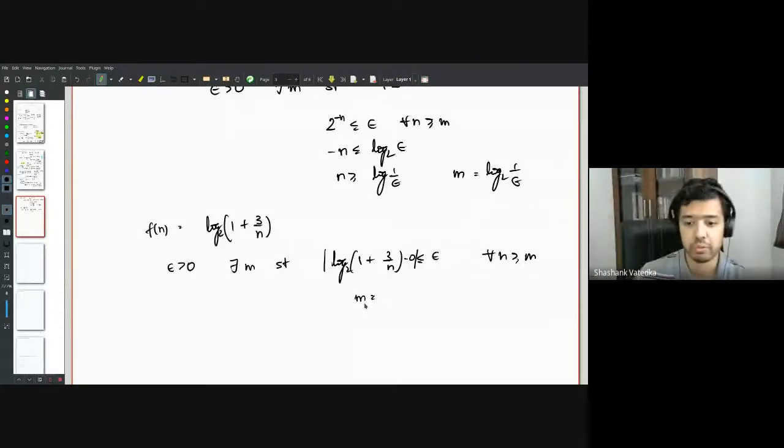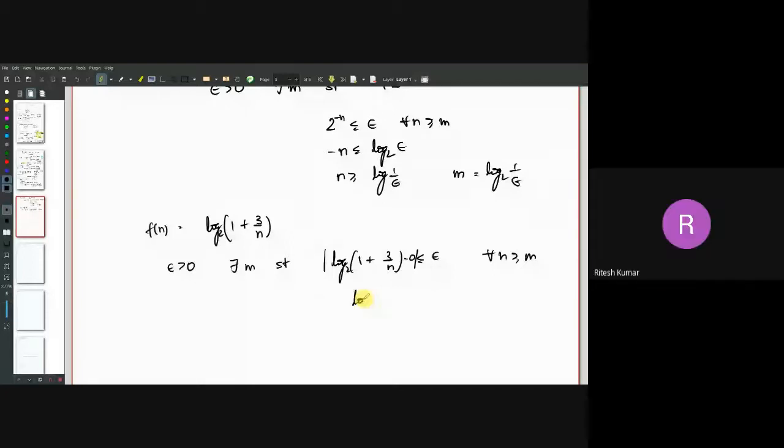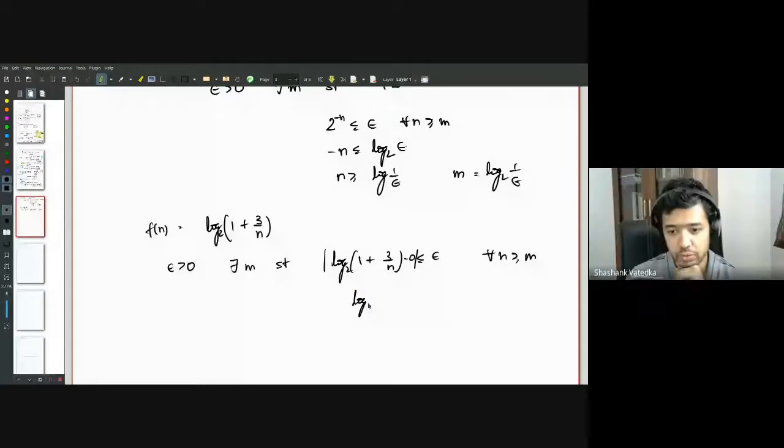So basically what we want is to find, beyond some particular point in n, that this is going to be epsilon close to 0. So log of 1 plus 3 over n should be less than or equal to epsilon, or 1 plus 3 over n should be less than or equal to 2 to the epsilon, right?